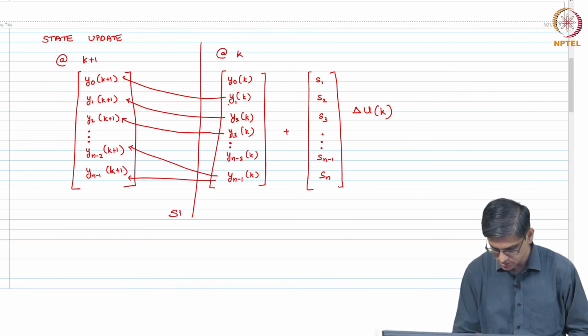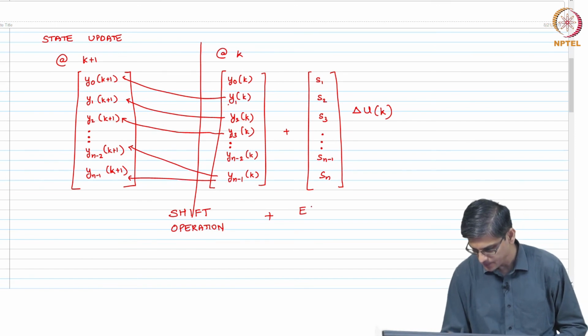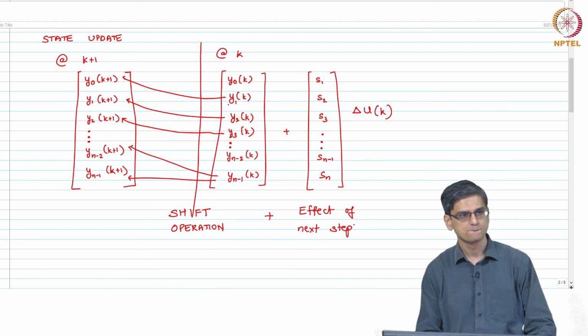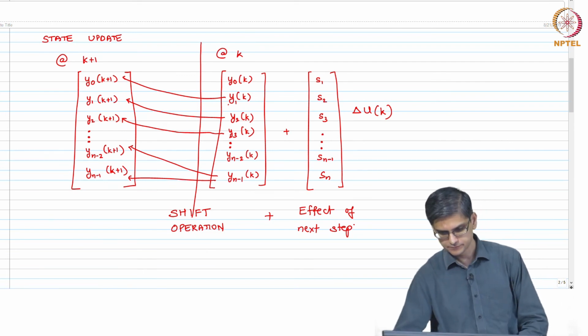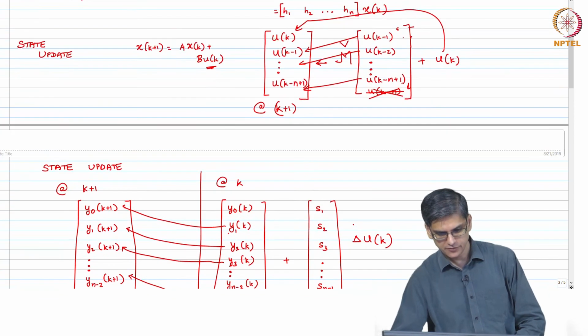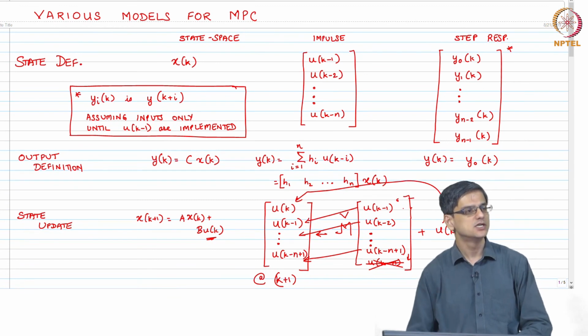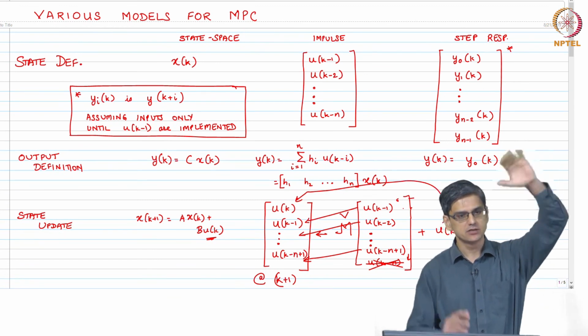It is shift operation, and if you go previously, how do you get the output? Output is just the first element of your state.